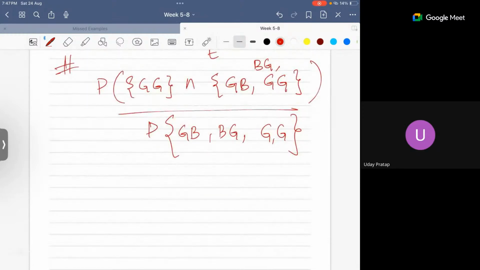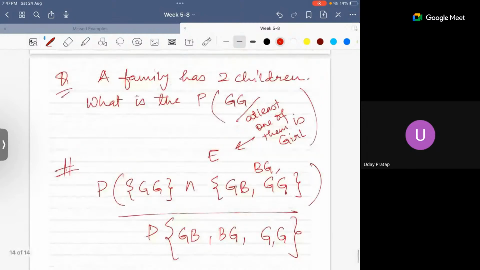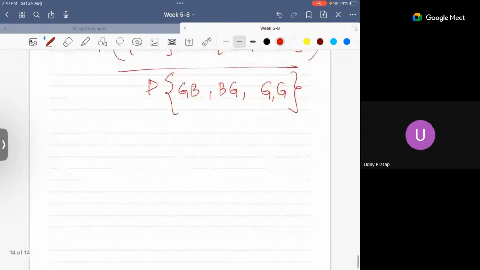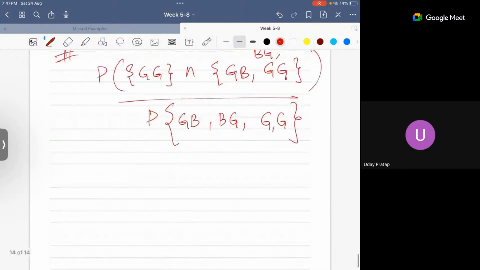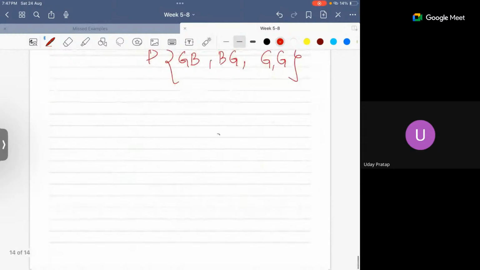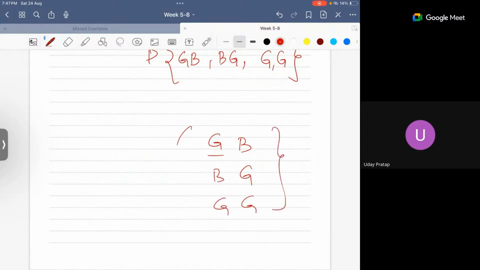For a given condition, we have boy-boy, girl-girl, boy-girl. Like with head and tail, you can think of it as boys and girls, right? So the whole condition, at least one of them is a girl, you can think of as girl-boy, boy-girl, and girl-girl. All together three conditions, and out of these three, our condition is GG, right? So 1/3 should be the correct answer.